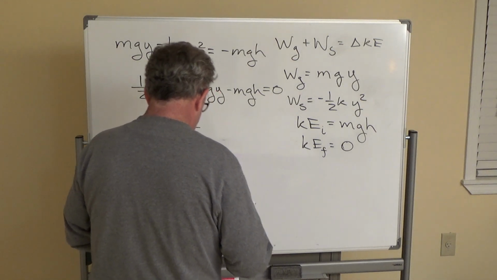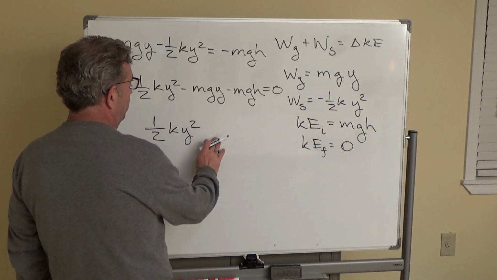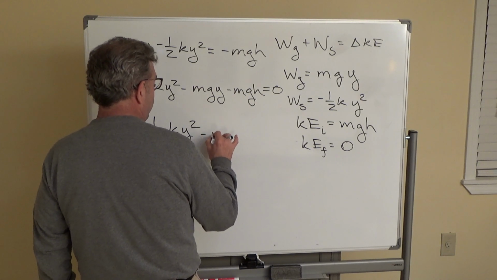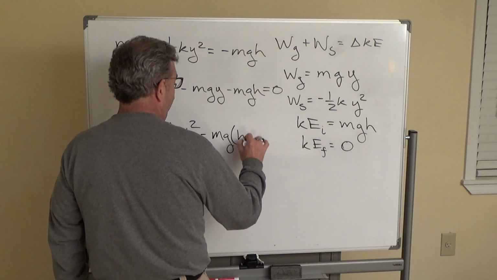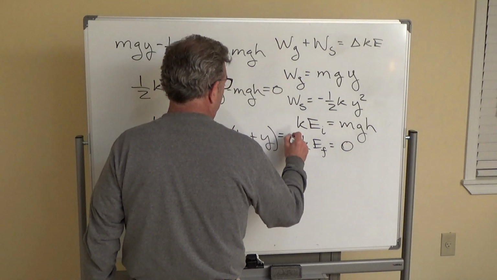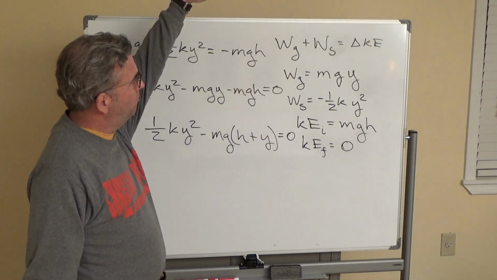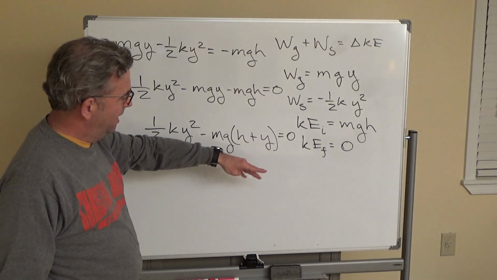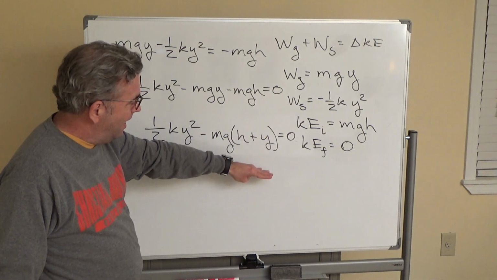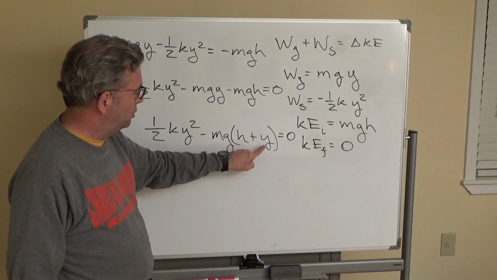What is the change in potential energy for the gravitational potential energy? We actually need the negative of that. So it's minus mg(h plus y). And that is all equal to 0 because that's the total distance. It fell from a height h and ended up at some distance y. Okay, so the total distance that the mass moved was h plus y.